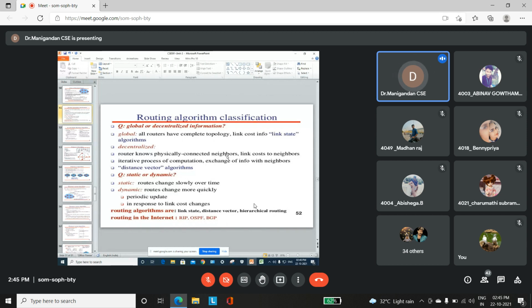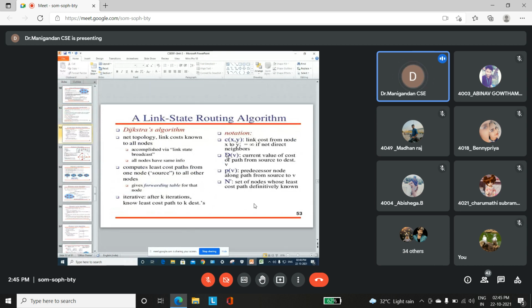Link state, distance vector and hierarchical algorithms are used with the normal network, connecting networks from source to destination, so the data can be transmitted from source to destination. That is how these three algorithms are implemented.